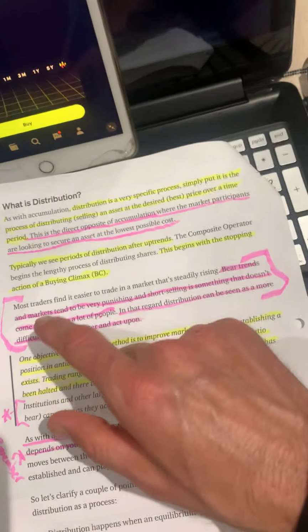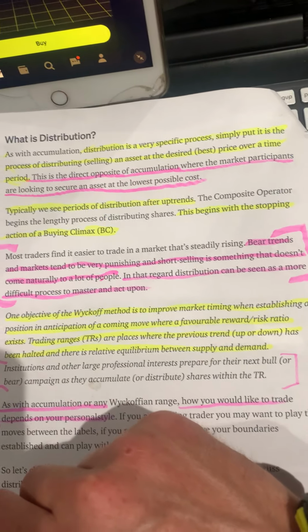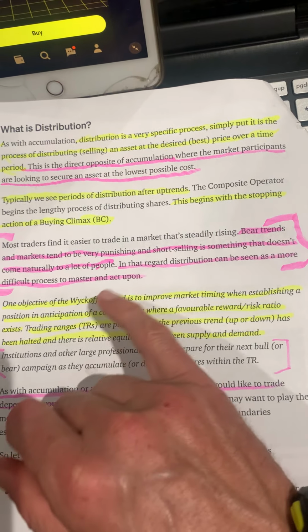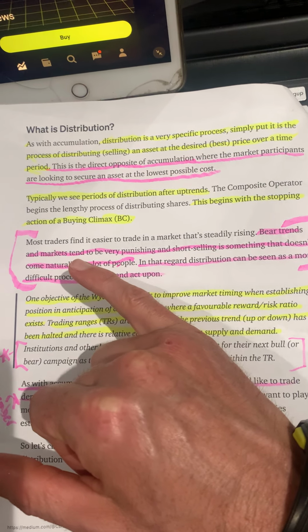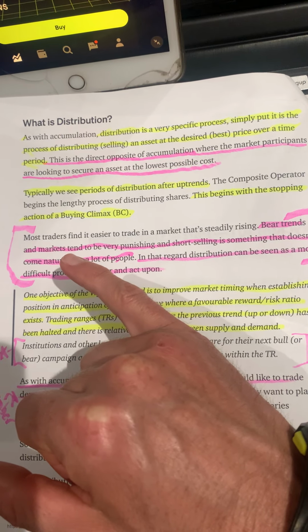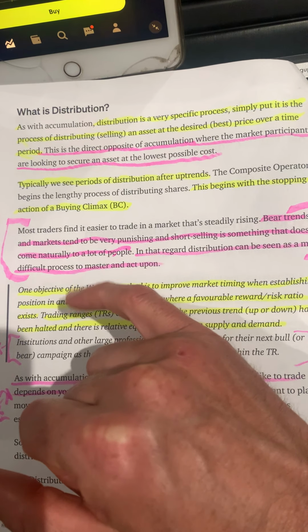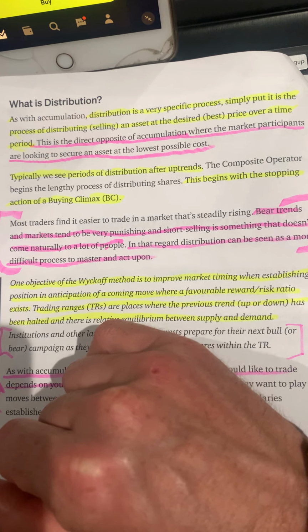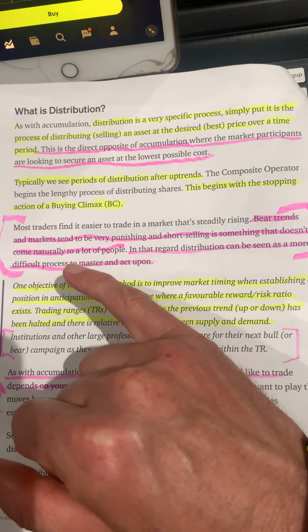So most traders find it easy to trade in a market that's steadily rising. Bears, which are the sleepy guys, trend and markets tend to be very punishing, and short selling is something that doesn't come naturally to a lot of people.